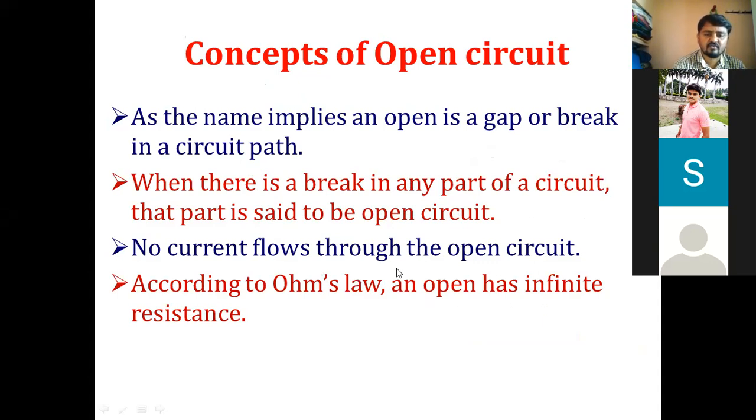So no current flows through the open circuit. According to Ohm's law, an open circuit has infinite resistance. The resistance will be high in the open circuit. Because the resistance is high, the current will not flow. It will oppose the current here.